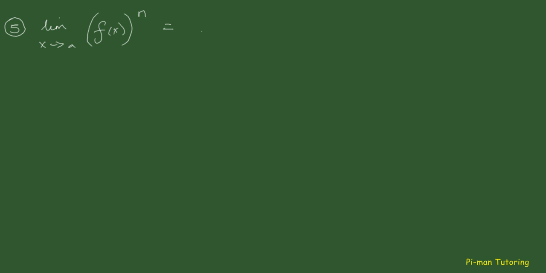So we know by the product rule that this will be the limit as x tends to a of f of x, all raised to the power of n. So we can pull the exponent outside the expression.